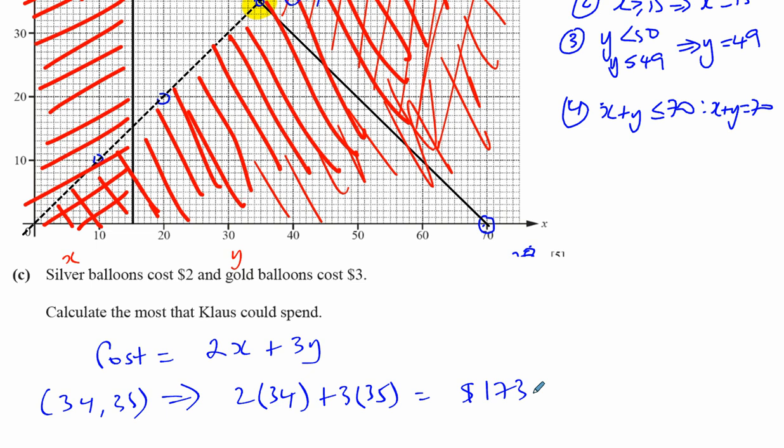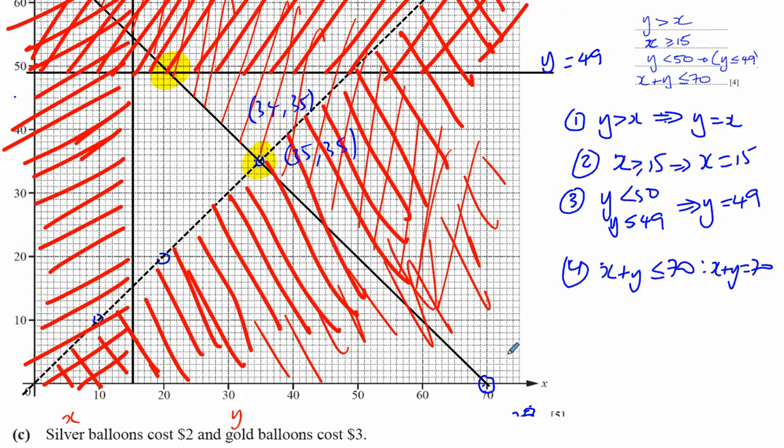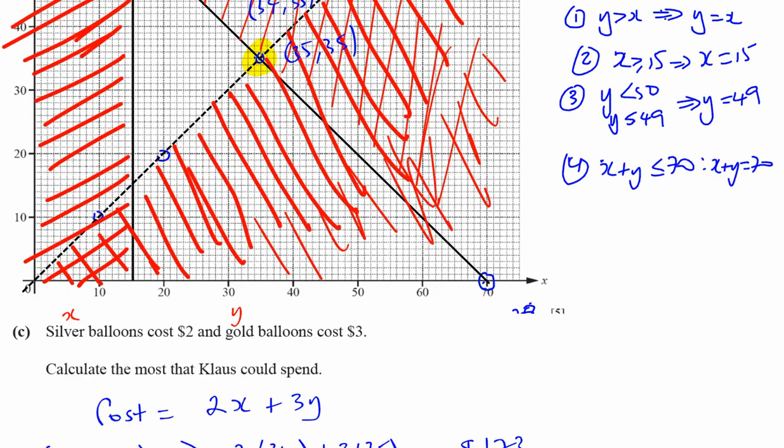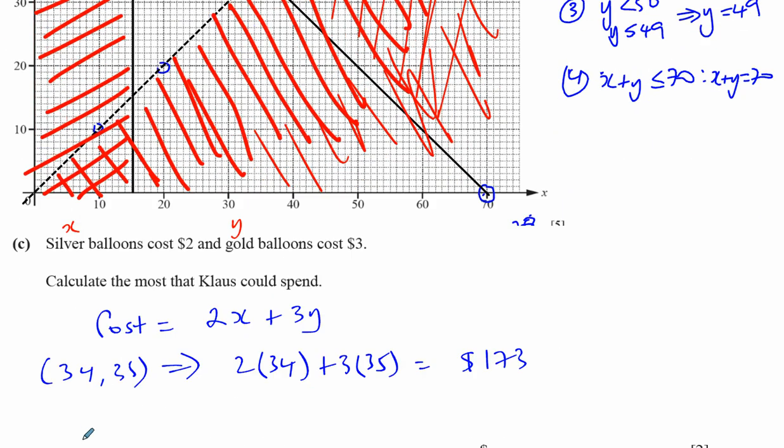Then we choose another point, for example, this point over here. That point is 21 and 49. You can see it's on this line, x plus y equals 70. 21 and 49. So you have to be very accurate in your drawing for these types of questions.